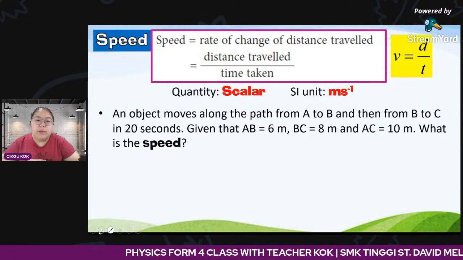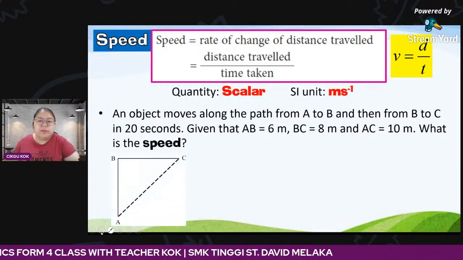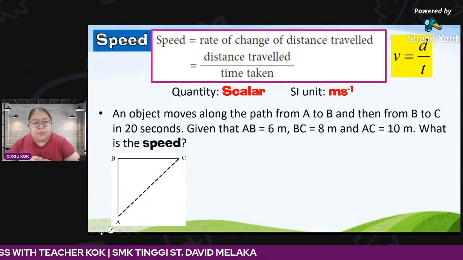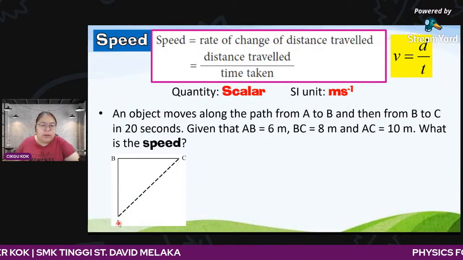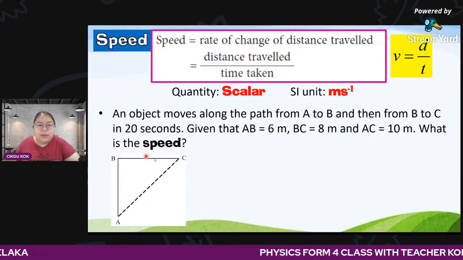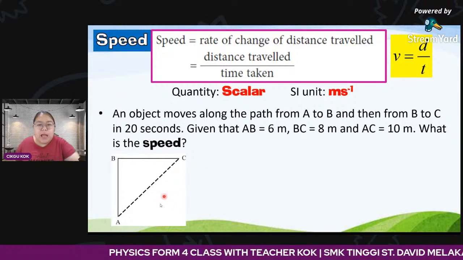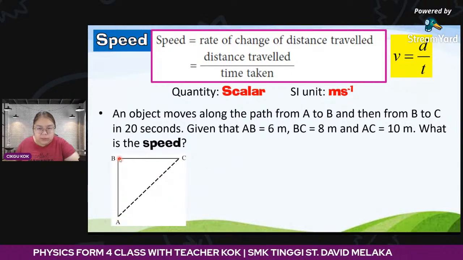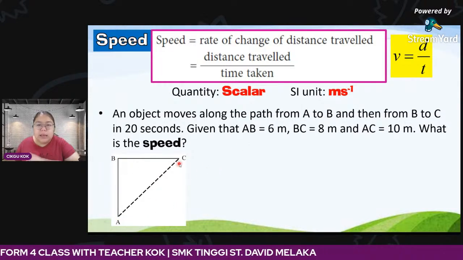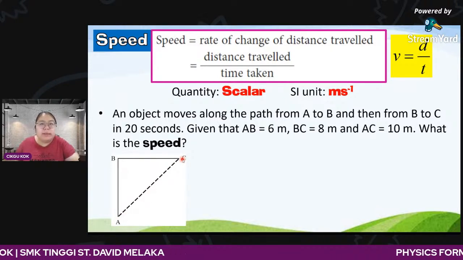Okay, an object moves along the path A to B. I show the diagram first. They move along the path A to B, A to B goes up. After that, from B, they go to C in 20 seconds. Given that AB is 6 meters, BC is 8 meters, then AC is 10 meters. What is the speed?